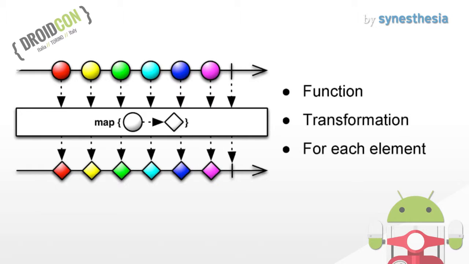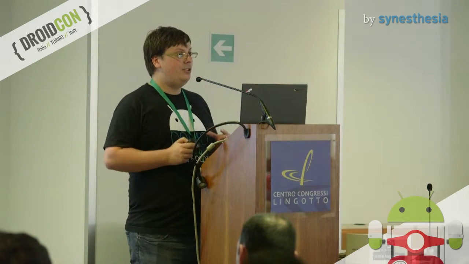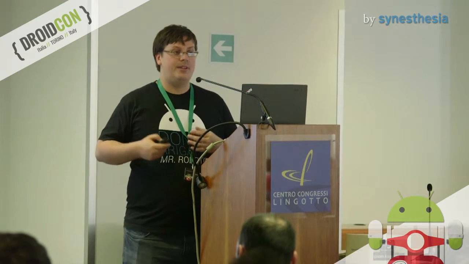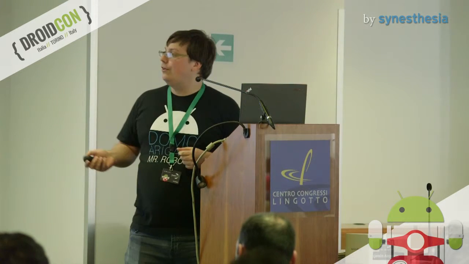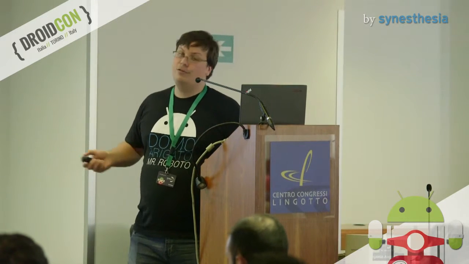Map says you give me a function that goes from a type, a circle, to another type, a square, and I'm going to apply it to every single item that is fed through. So you go from an observable to an observable of the transformed value.